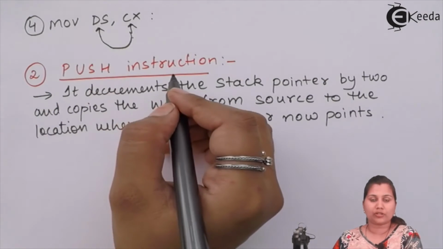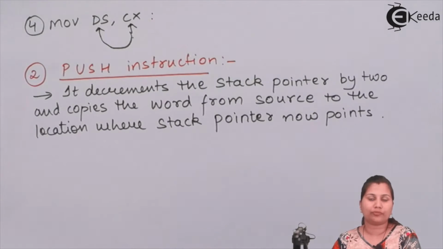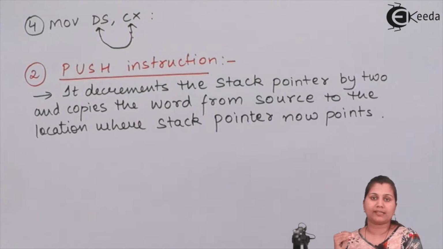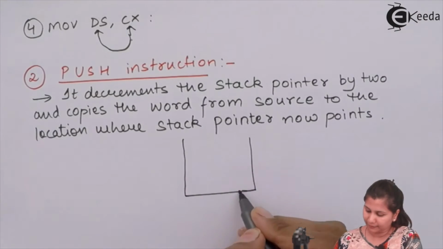Now the push instruction is used with the stack. So whenever the stack is used, it is always initialized to a memory location. This initialization of the stack is done with the help of the stack pointer. So the stack pointer points to the beginning address from where the stack is starting. Suppose we have initialized the stack.